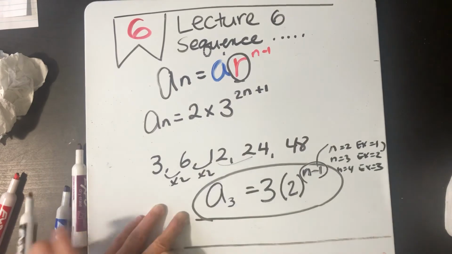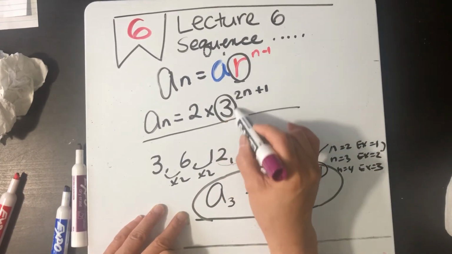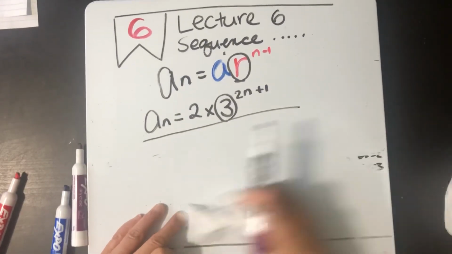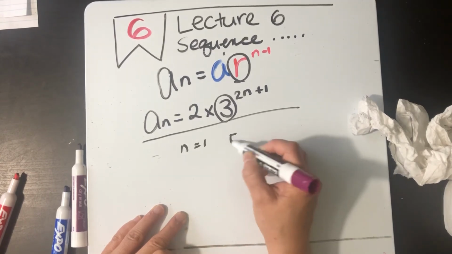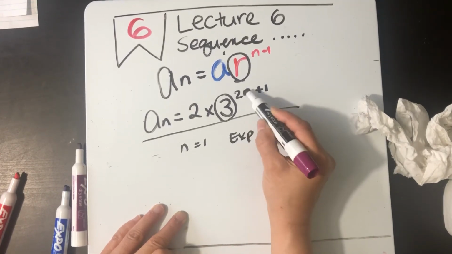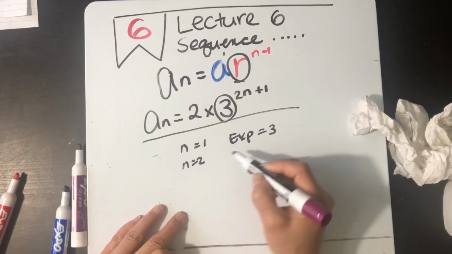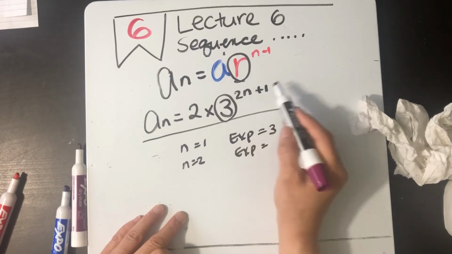But this one is a little different. You are tempted to say the ratio is 3, but the ratio is not 3, and let me show you why. When N is 1, the exponent is 2 times 1 is 2, plus 1 is 3. When N is 2, the exponent is 2 times 2 is 4, plus 1 is 5.